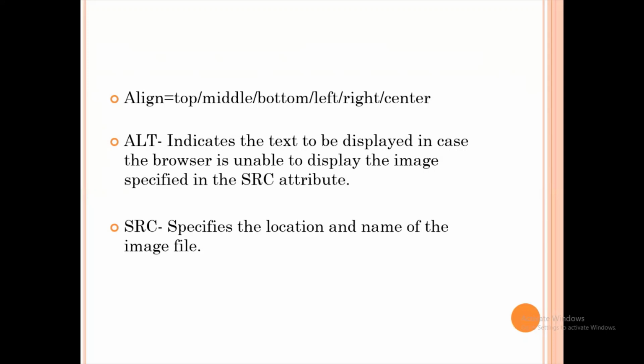So this alt will remove that situation. If the image path is not correct or the image is not found, then this ALT attribute will help us know that the whole program is correct, but the path is missing.